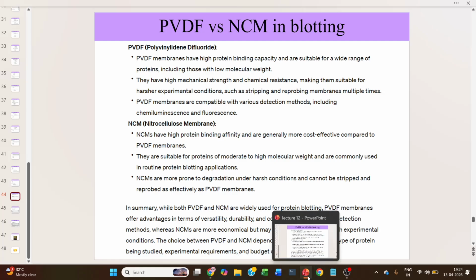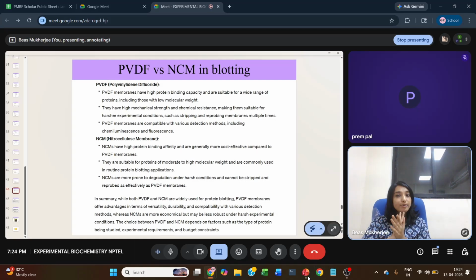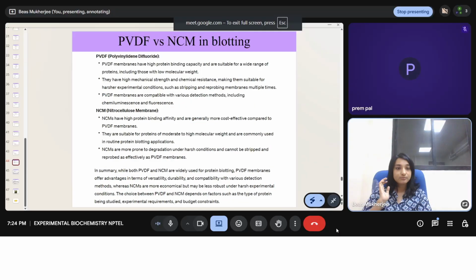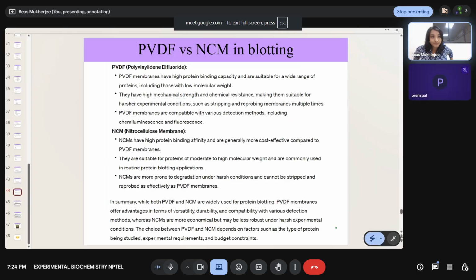Now what is the difference between PVDF membrane and NCM membrane? We will look at this now. One very interesting thing about NCM membrane and basically nylon membrane is that if you are using nylon membrane, then the DNA of interest and RNA of interest will stick to the nylon membrane.